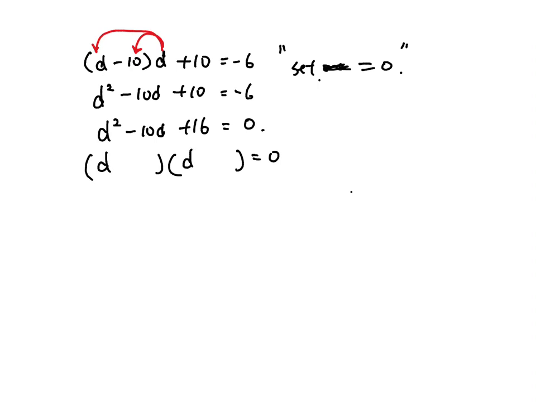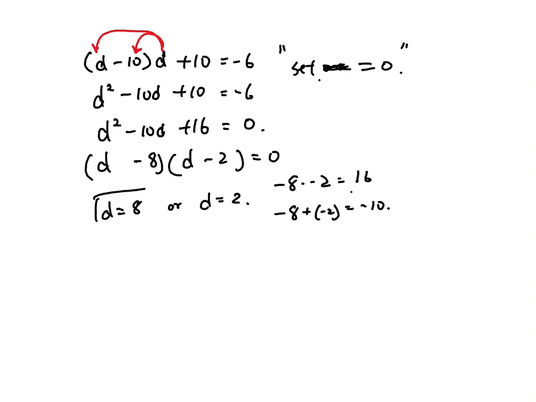And I think the two numbers that we need are going to be -2 and -8. -8 times -2 is positive 16, and -8 plus -2 is -10. So I think we're good to go. So d equal 8 or d equal 2. Okay, if you set this equal to 0.